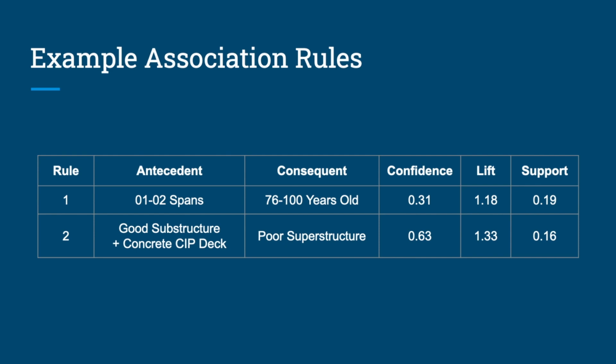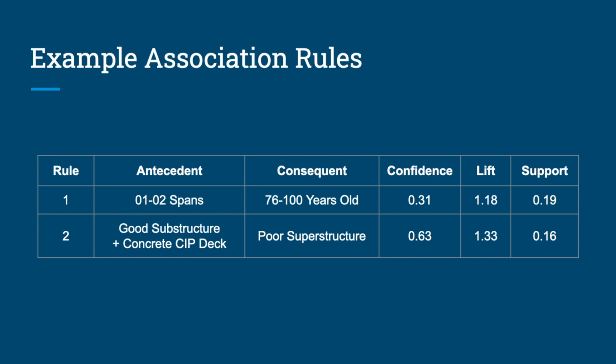That is telling us that 19% of all deficient bridges are 1 to 2 span bridges that are 76 to 100 years old, for rule number 1. For rule number 2, the support value is telling us that 16% of all deficient bridges are bridges with a good superstructure, cast-in-place deck, and a poor condition substructure.